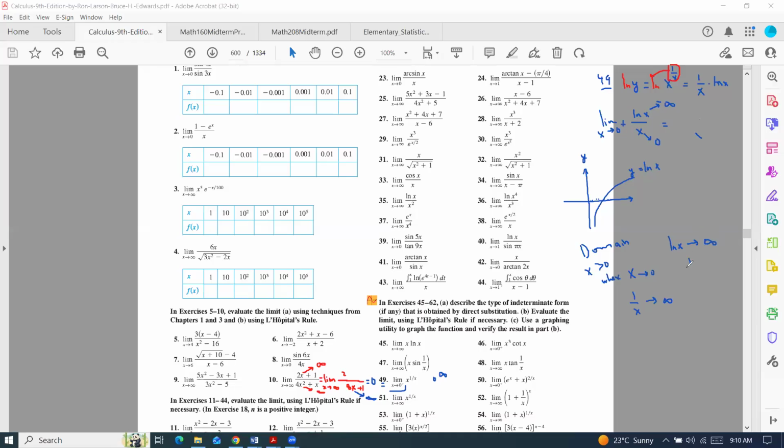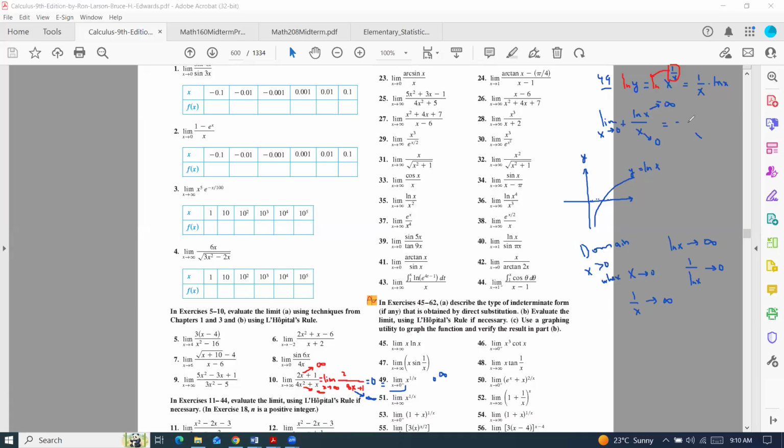So 1 over ln x will then approach 0, right? So somehow I need to rewrite this expression in such a way that it is infinity over infinity or 0 over 0, for L'Hopital's rule to take those derivatives. But, right, how can I do that?